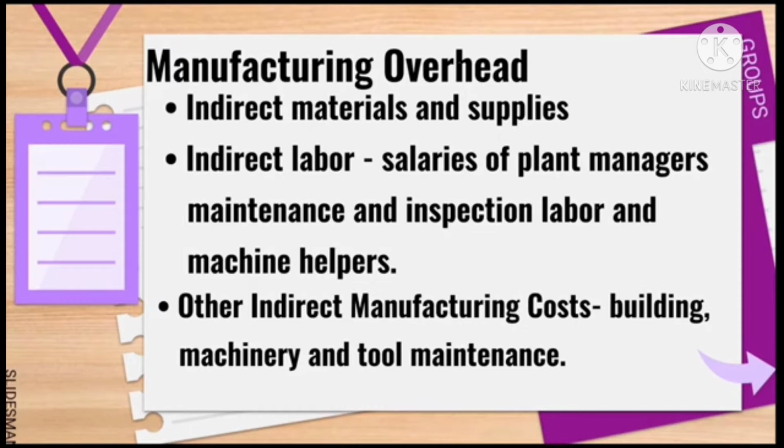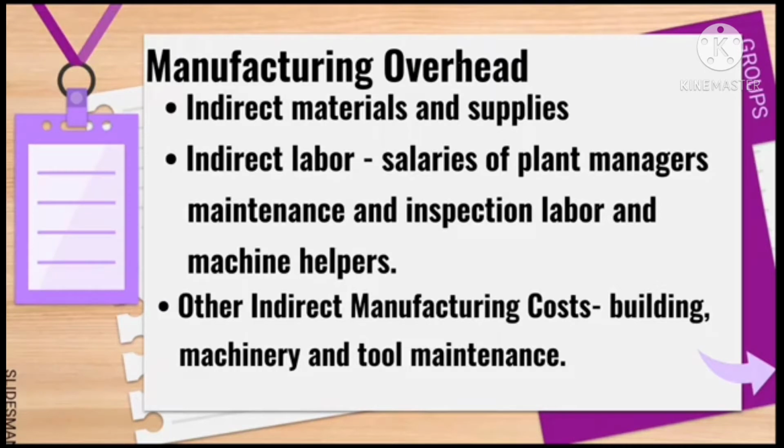Sa indirect materials and supplies, these are the materials that are used in the production process but are not directly traceable to the product. For example is cleaning supplies. Indirect labor. It is the labor of those who are not directly involved in the production of the products.